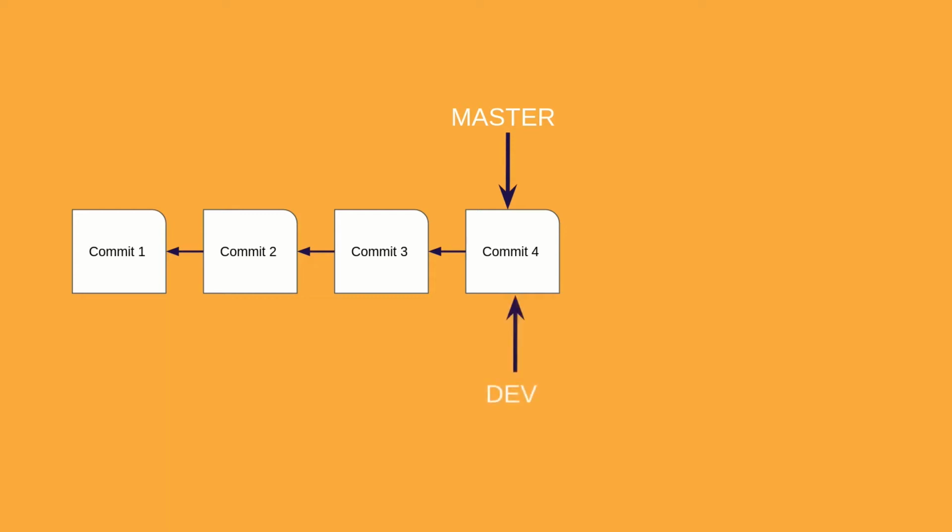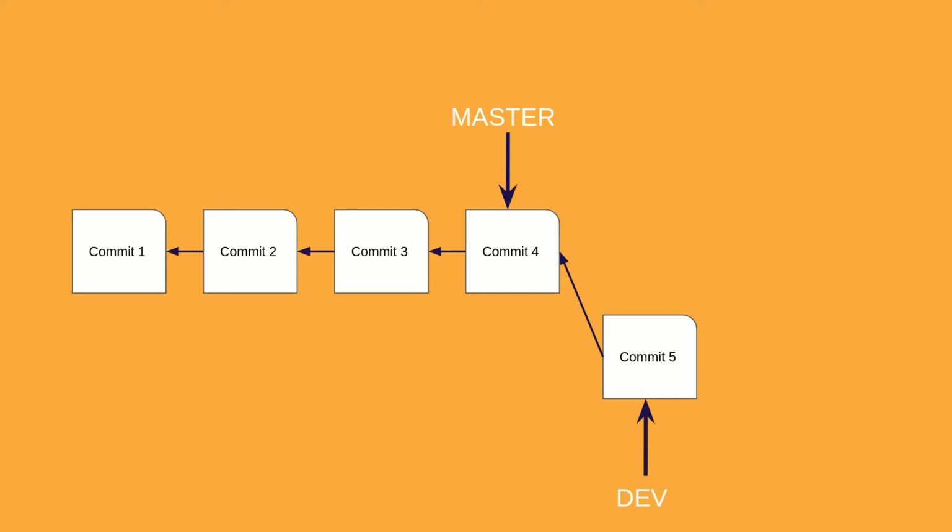Let's say I have created a dev branch here. So now we have two branches, master and dev, and I'm going to commit here, that is commit number 5, in the dev branch. So my dev pointer points to the latest commit in this particular branch, that is commit number 5.